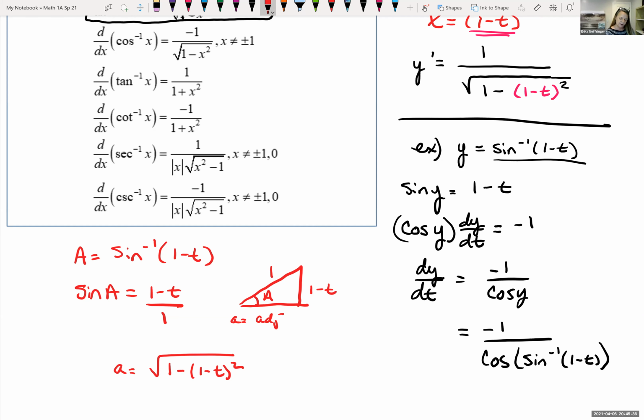And so now I'm going to go back in. I'm going to plug this in. This is my a value. So I really want negative 1 all over cosine of a. Let's use our triangle.